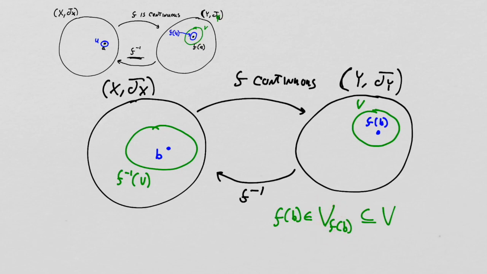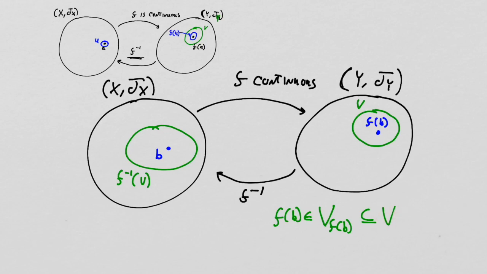By the very definition of V being open, there must be a neighborhood around f of B that's contained in V, and that's what we call V of f of B, and we know that it contains the point f of B. So it's a neighborhood of f of B, and it's a subset of the open set V.